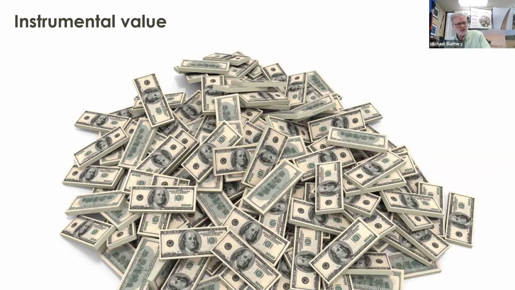Those individual $100 bills or that pile of cash can be traded in and can be used to buy something, right? There is an instrumental monetary value, okay, as a means to an end, if you like. It provides a means to an end to buy something, okay? So there's an instrumental value, right?